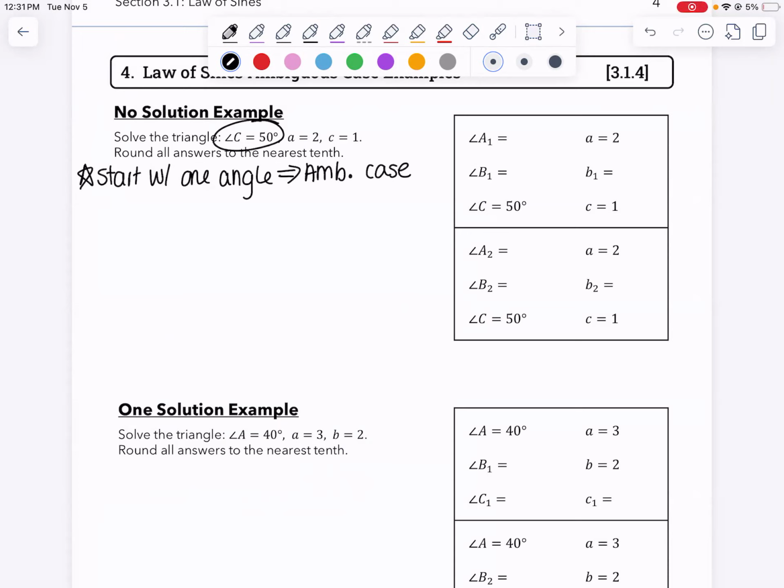And if the angle you start with is acute, that's when there's a possibility of two triangles. The angle is acute, so that's less than 90 degrees.